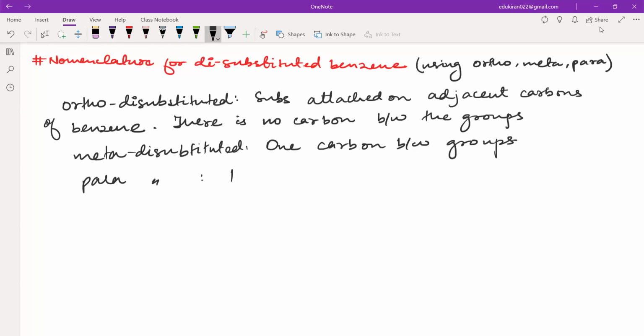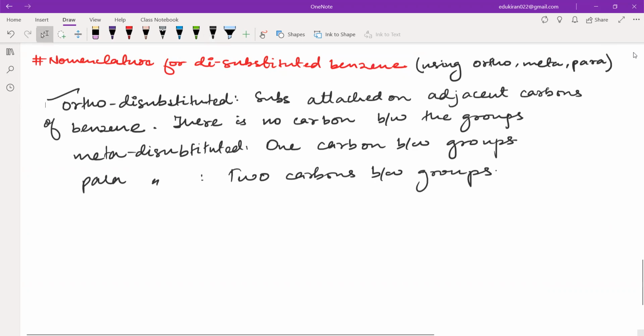Para disubstituted, two carbons between groups. Okay. Ortho mein how many carbons between the groups? 0. Ortho mein how many carbons? No carbon. Okay. Meta mein one carbon, para mein two carbons.